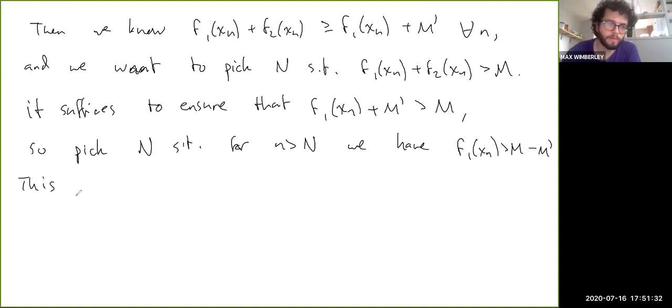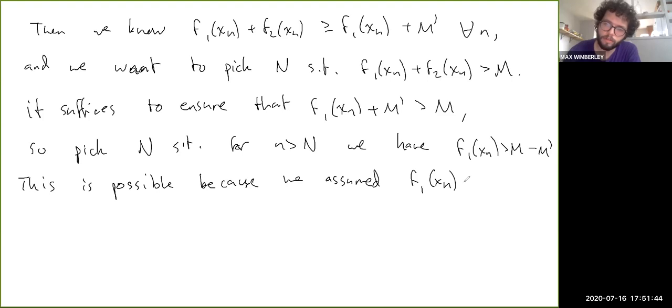This is possible because we assumed f1 of x_n goes to infinity. Really, we assumed that the limit of f1 as x approaches infinity is infinity, but that means that any sequence like this, f1 of x_n, has to approach infinity as well.